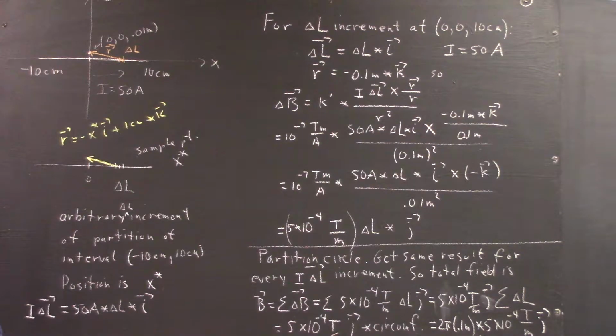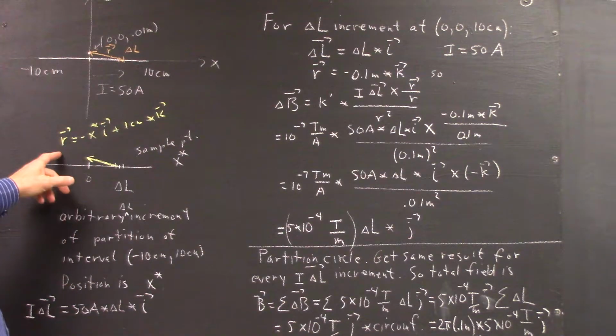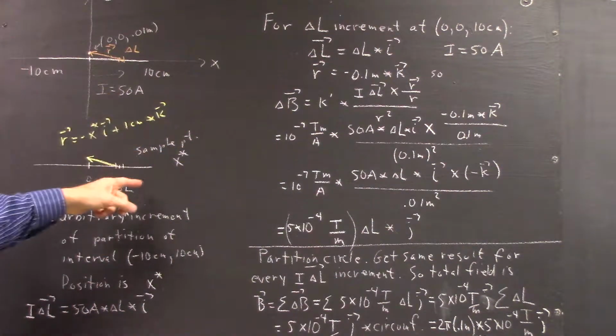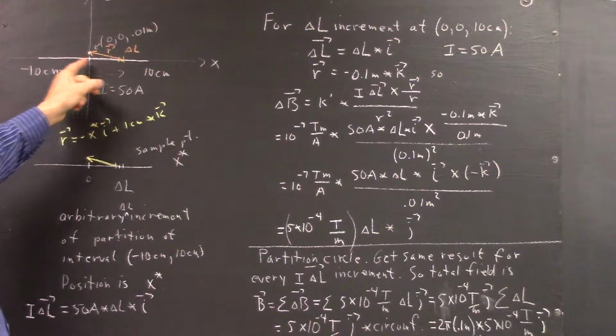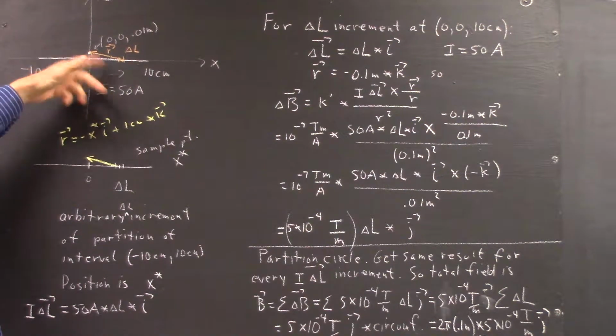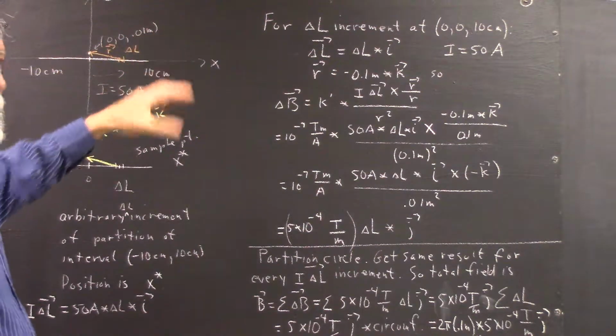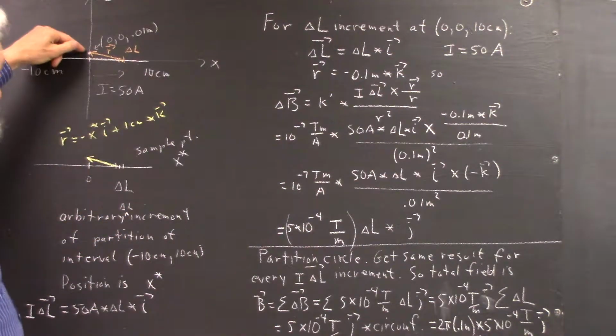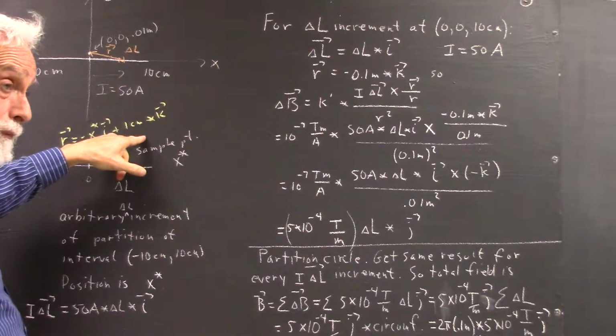Well, there we have it. What's our R vector? Somebody was able to tell me it's negative x star, because we're going from here back to here, and we're also going up, and that's all the individual gave me at first. I said, is there anything else? He said, oh yeah, there's 1 centimeter times k.